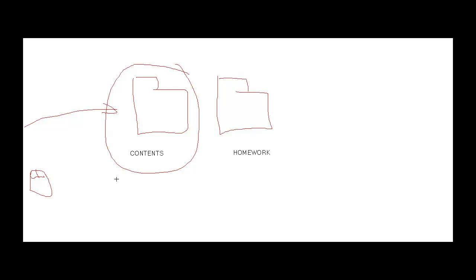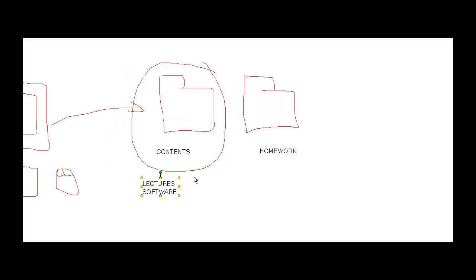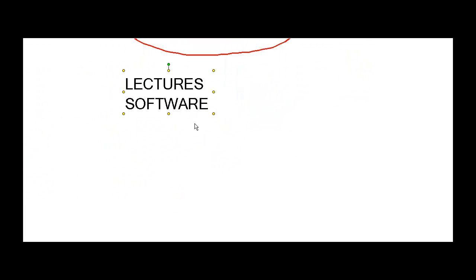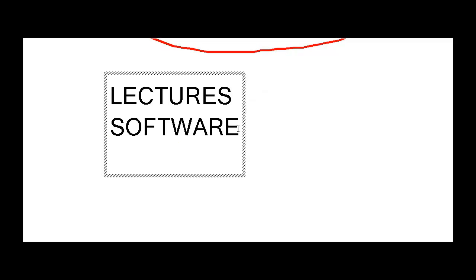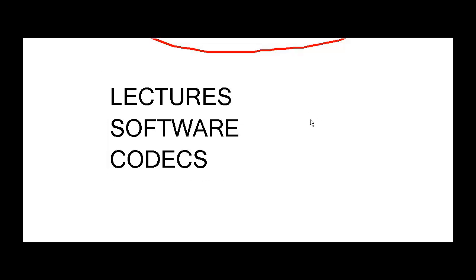Things that will exist in contents will be things like lectures and supplemental information. You can receive some software to download and install for courses that require software. Let's see what else here. You can receive codecs, which are files used to allow you to run specific videos.